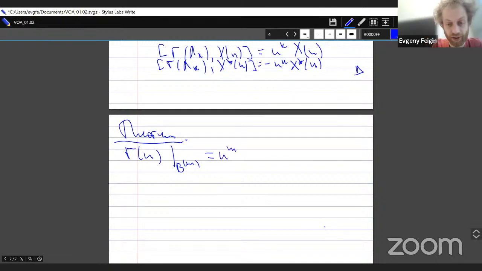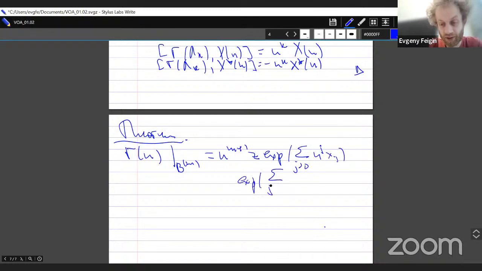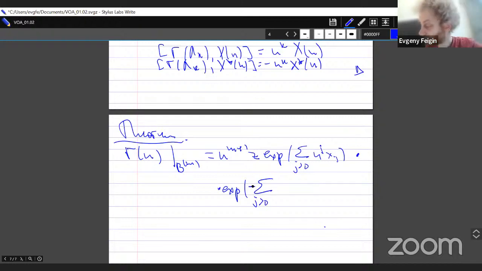So this is u to m plus 1, c, and then the product of two exponents: exp of the sum u to the j, xj, times exp of the sum over j positive of minus u to the minus j over j times d over dxj.